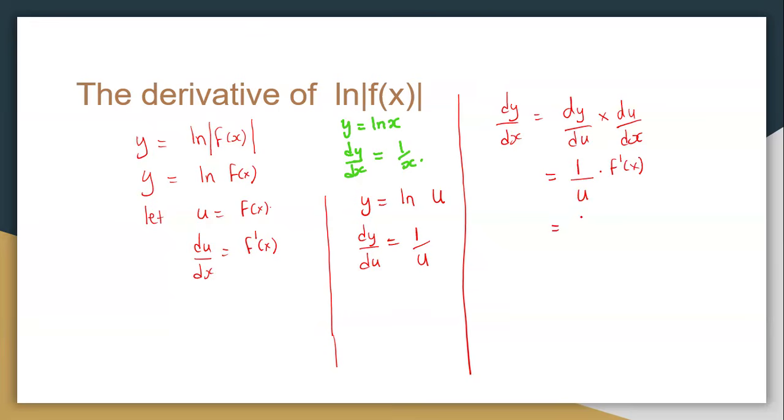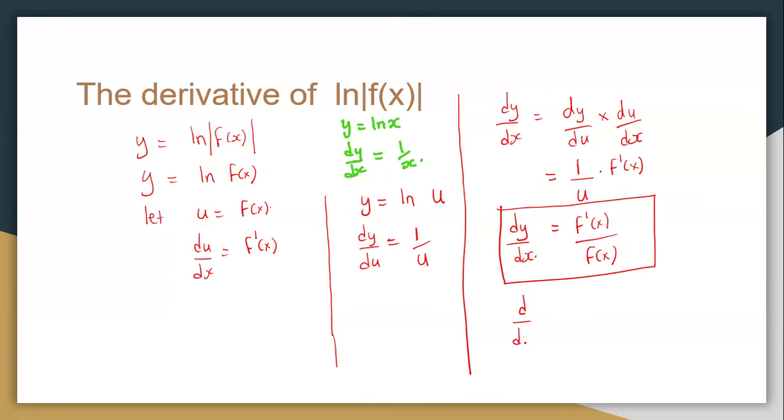So I can write this as f prime of x out of u, but our u we said is f of x. So dy/dx is equal to f prime of x over f of x. This is the general rule: whenever you have d/dx of the natural log of any function f of x, differentiate that function, then divide by the original function.